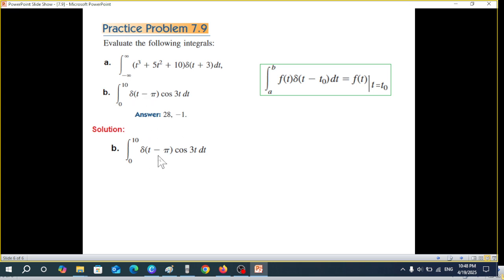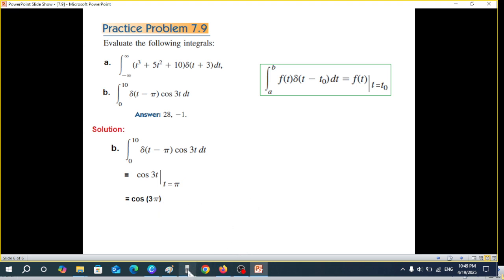Going to the next part, this one. Here t-5 is equal to 0, therefore t is equal to 5. This is the function cos 3t, and the condition is that t is equal to pi, not 5, sorry. So we put t equal to pi here, so it will be cos 3 pi.